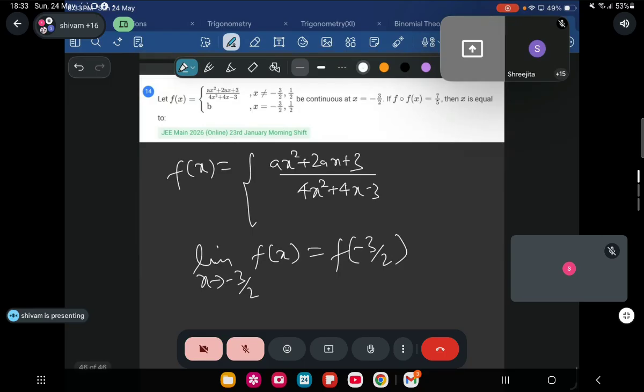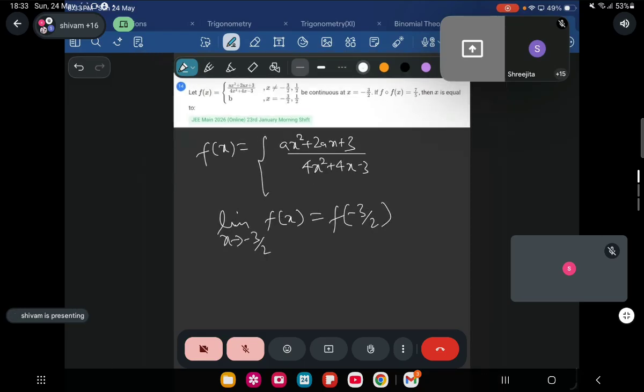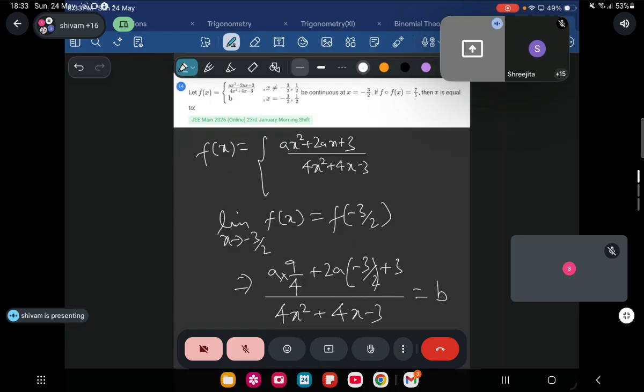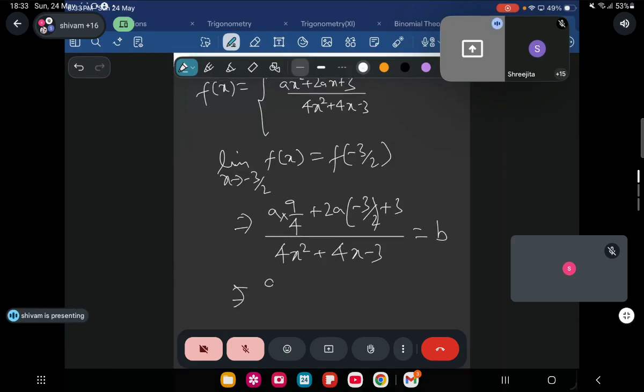Right, this is one thing. So over here, x tends to minus 3 by 2. What do we get? a into 9 by 4 plus 2a into minus 3 by 2 plus 3, upon 4x square plus 4x minus 3. This will be equal to b. Okay, so from here what do we get? 9a by 4.